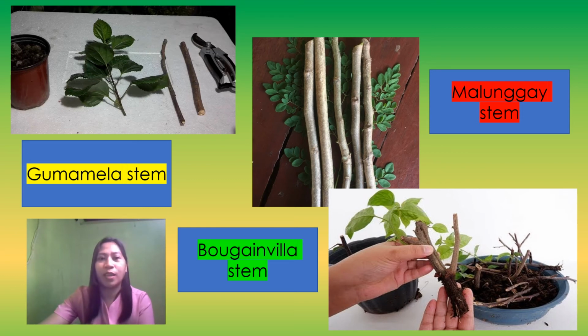Ayan. Okay, so if you see that your gumamela or the malunggay and bougainvillea stem is already matured, you can replant them already. And this will grow into a new plant.